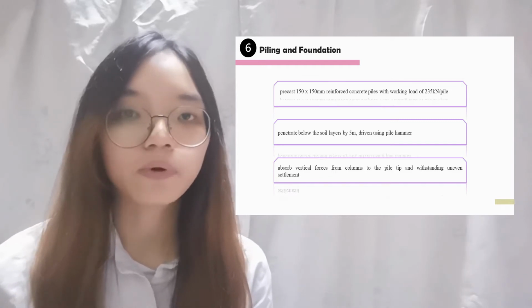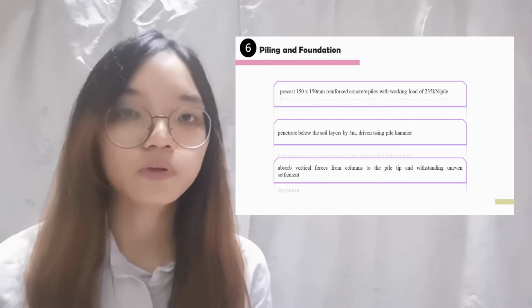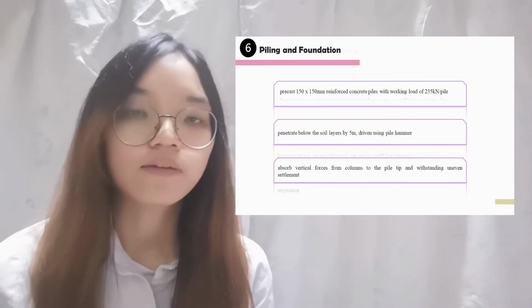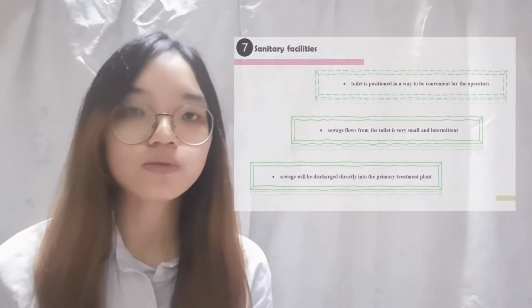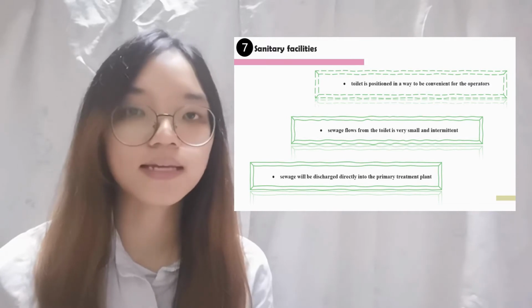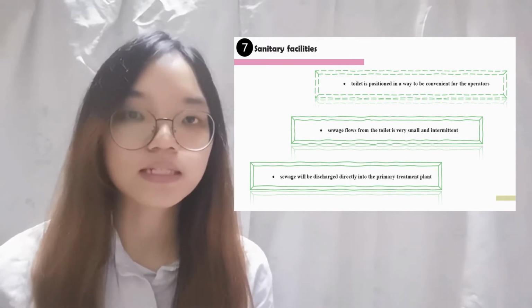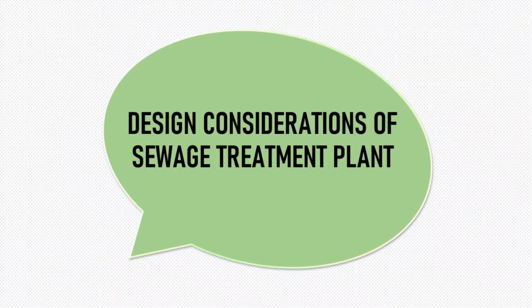The piling is important to absorb the vertical forces from the column to the pile tips and to withstand uneven settlement. The last one is toilet facilities. The toilet is built at an appropriate distance for the convenience of the operators.